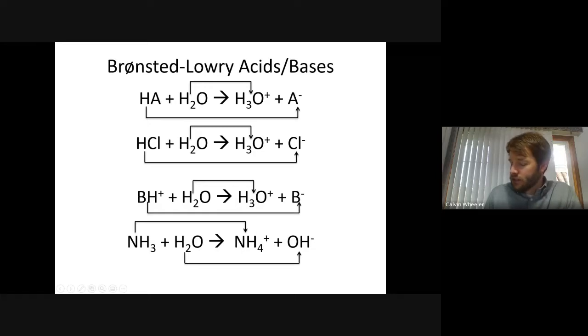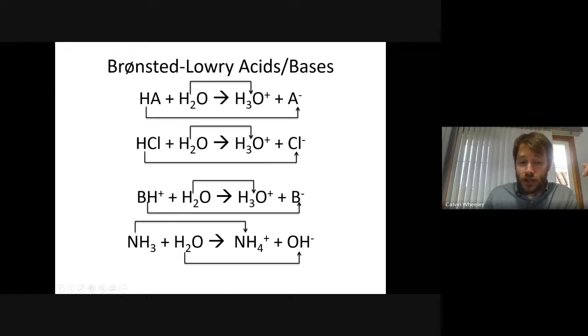And then this last example, we have ammonia, a known base. Ammonia, from left to right, goes from 3 hydrogens to 4 hydrogens. Ammonia is gaining a hydrogen in this case. So in this instance, this is the base. The ammonia is the base because it's accepting or receiving the hydrogen ion. And the water goes from this to this.